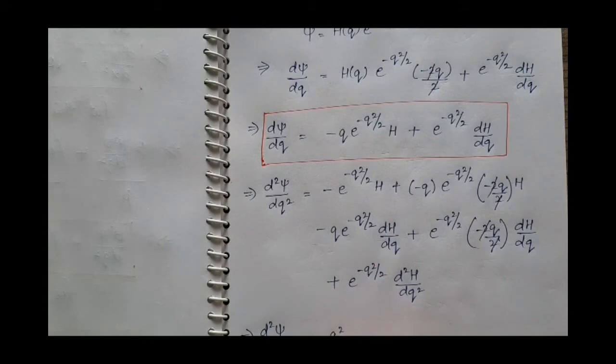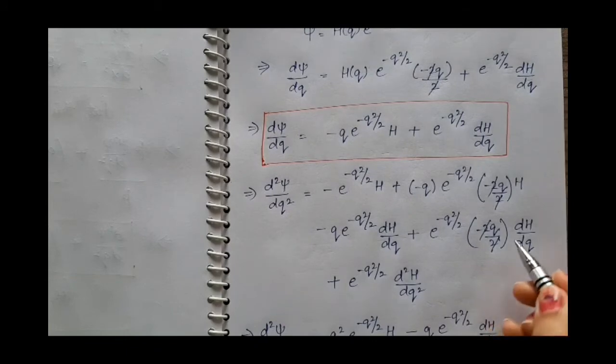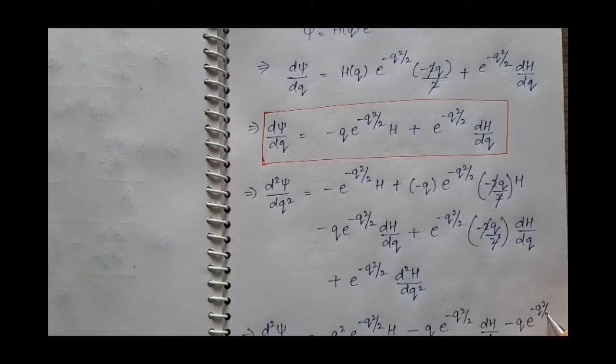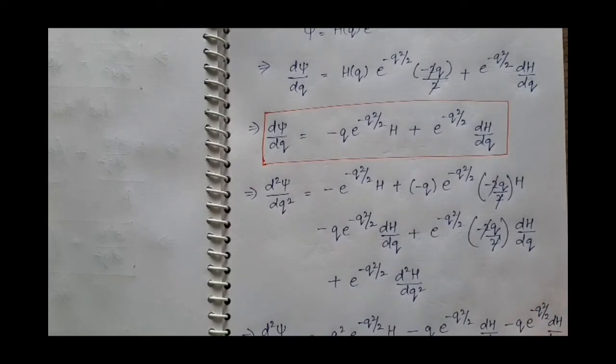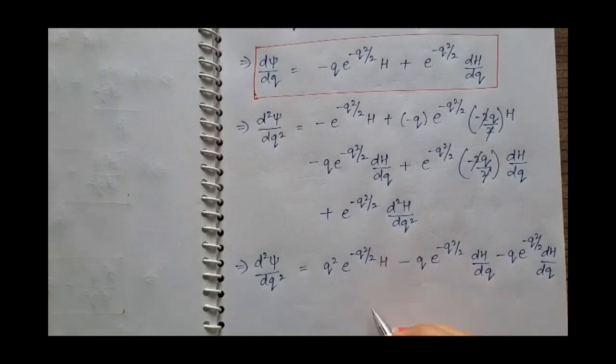So we have q square e raised to power minus q square by 2 h, then minus q e raised to power minus q square by 2 dh by dq, then this minus q e raised to power minus q square by 2 dh by dq, then this term plus e raised to power minus q square by 2 d square h by dq square.